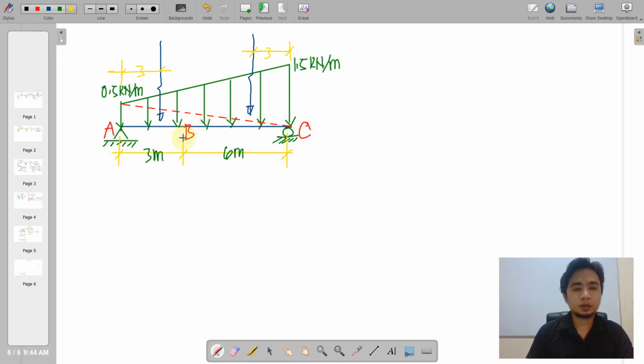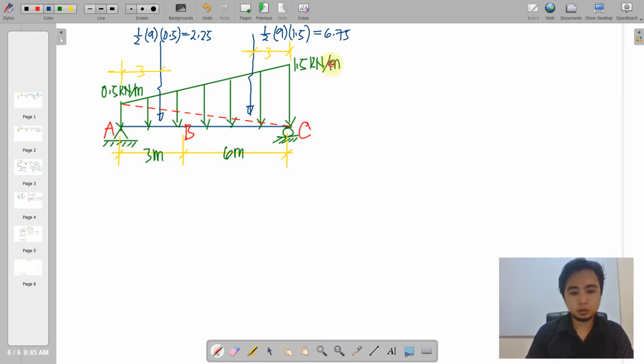So let us resolve this concentrated load located at the centroid of this triangle. So first, for the smaller triangle, we have 1/2 base times height, or that is 9 by 0.5, and that is equal to 2.25.